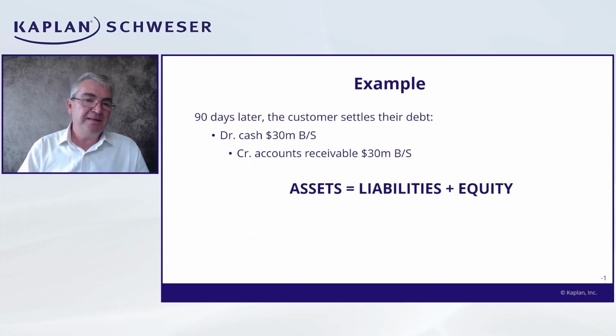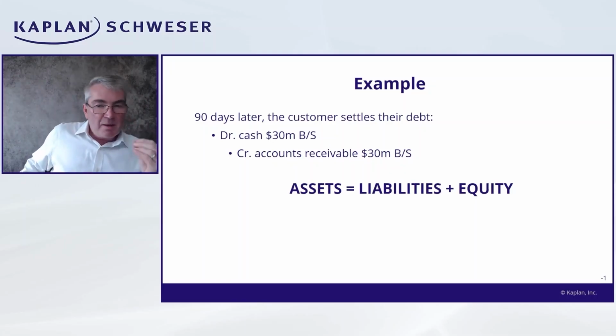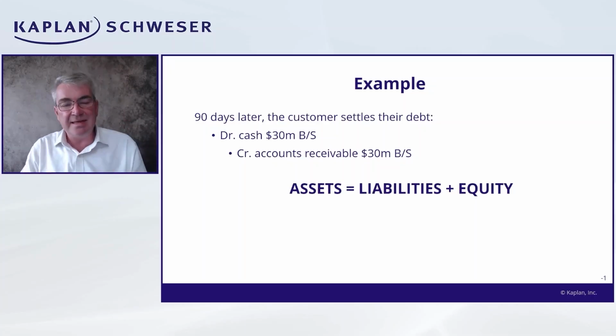Now, 90 days later, the customer settles their debt. What we're going to see here is there is no impact on equity when they settle their debt, because of the accruals process. We recorded the sale not when the customer paid us, we recorded the sale when the earnings were complete. In other words, when the goods were transferred to the customer.